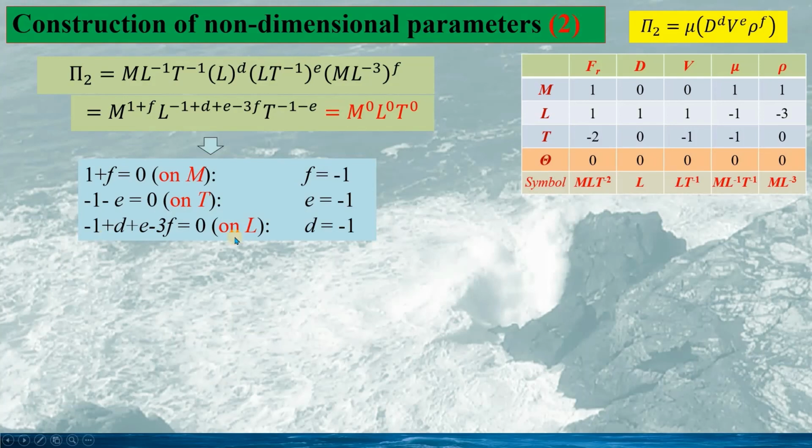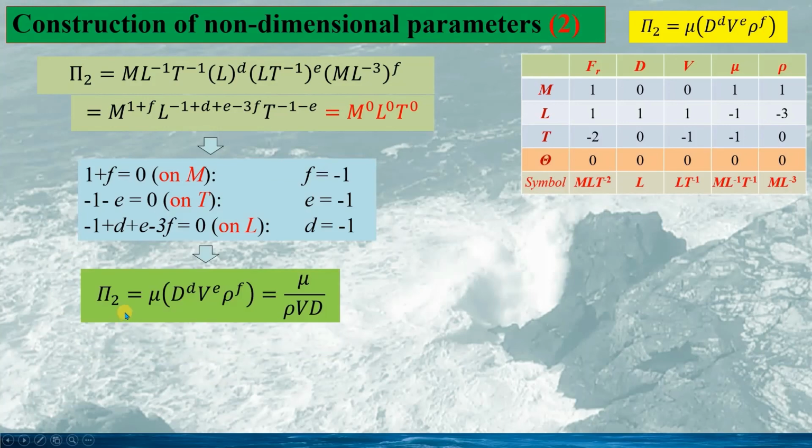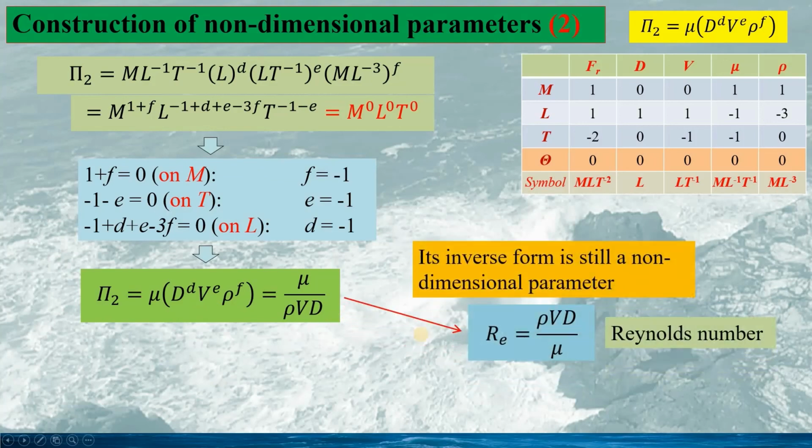And on L, we have the expression as this. So we can obtain d equaling minus 1. Therefore, the non-dimensional parameter pi 2 would be given as this. And we can see its inverse form is still a non-dimensional parameter.